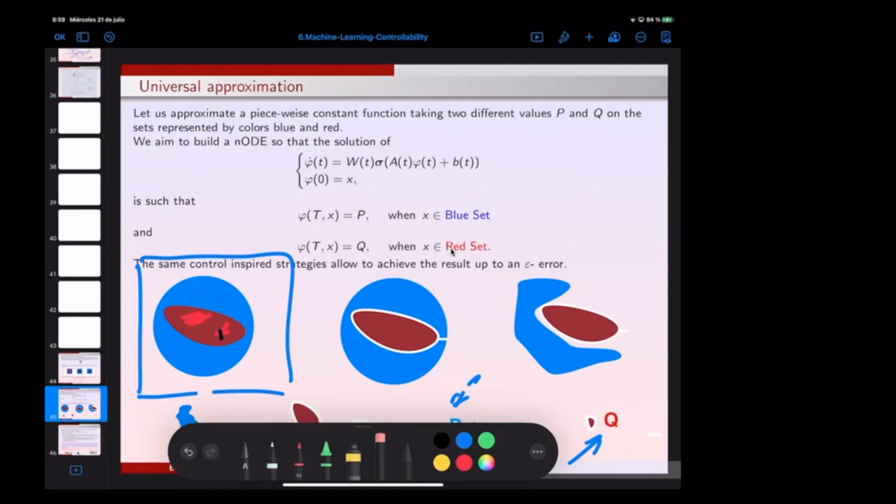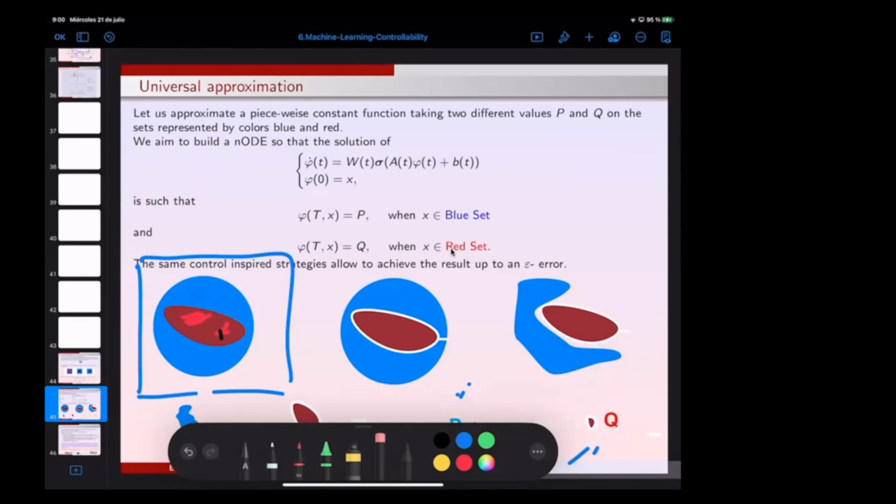Okay? So this is an important link between neural control and neural transport, which is related to optimal transport and universal approximation as well. This is, of course, also a theorem about universal approximation, because eventually, what I'm getting here is a function that is taking one value or the other.